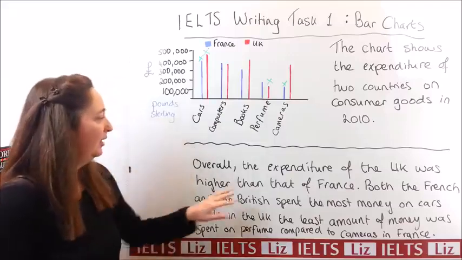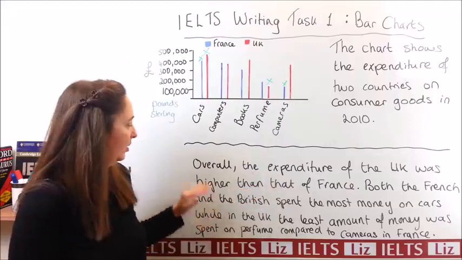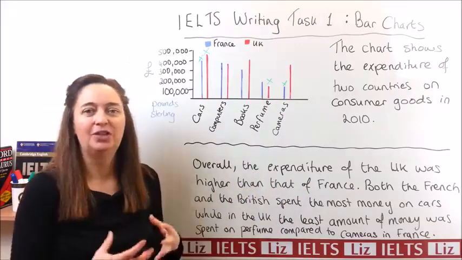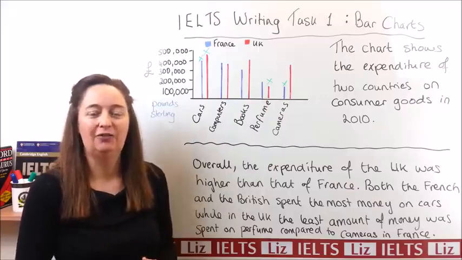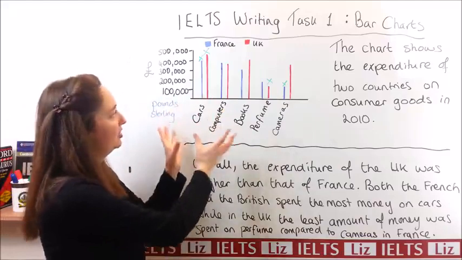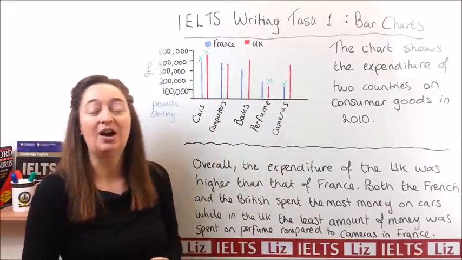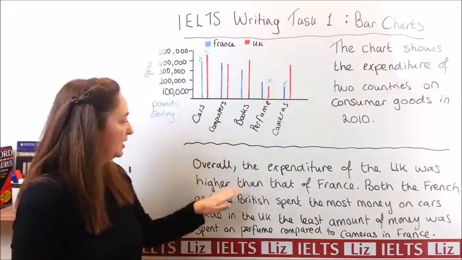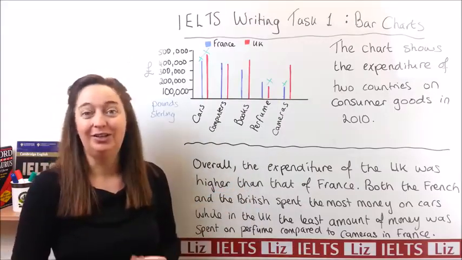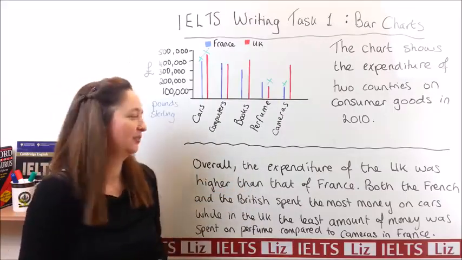So overall, the expenditure of the UK was higher than that of France. So this is our first key feature. Overall, so taking the whole chart together, which one was higher? And you can see we're using a comparative. Overviews usually have comparatives.